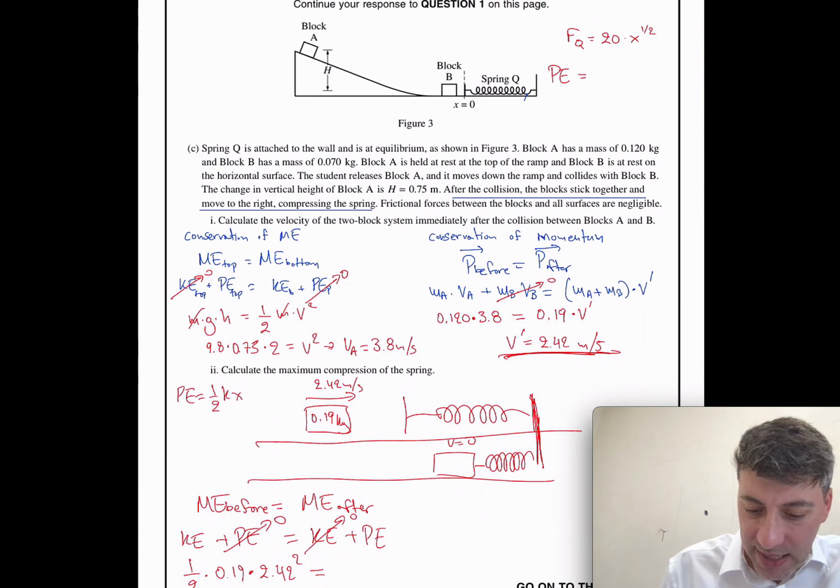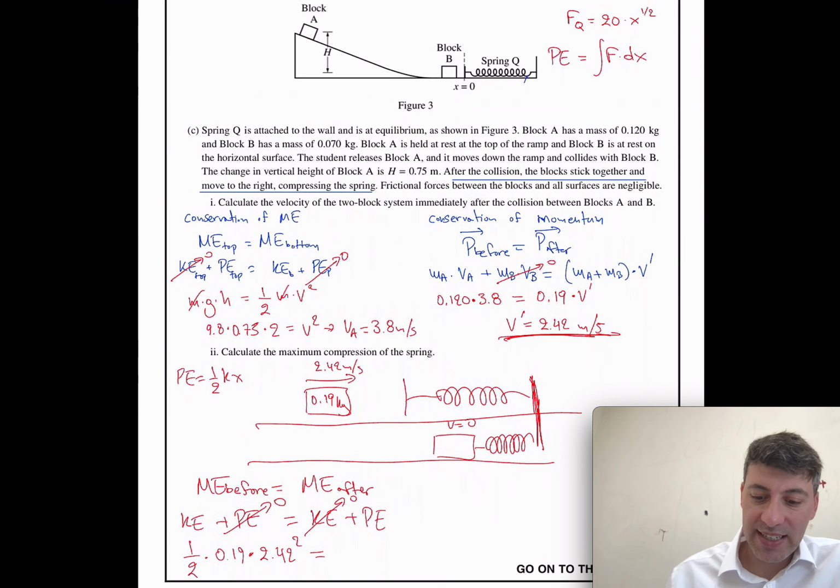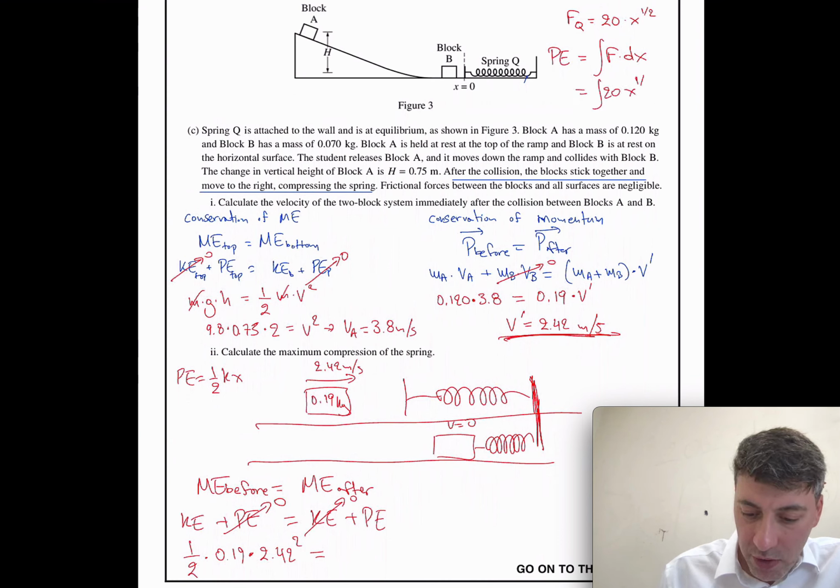but we can calculate it again. It is the integration of f times dx. The value for this, in reality the potential energy has a negative in front of the integral, but the value for the potential energy, the absolute value, is f times dx, so the integral of 20x to the power of 1 over 2 dx, so it is 20 times x to the power of 3 over 2 divided by 3 over 2.